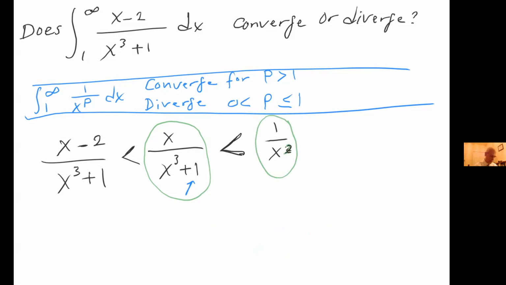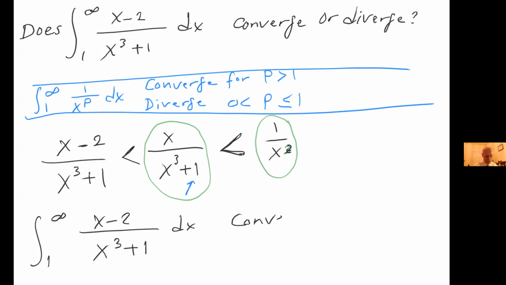So now I can claim that by comparison, the integral from 1 to infinity of (x minus 2) over (x cubed plus 1) dx converges.